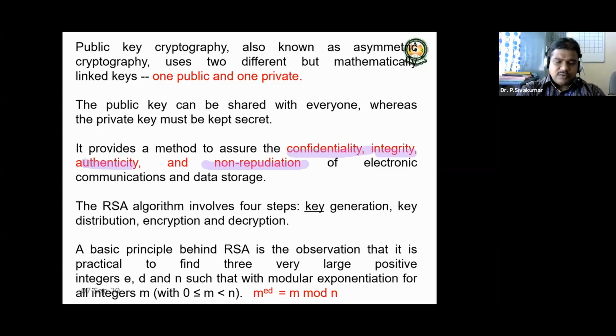So user A also generates a public key and private key. User B also generates a private key and public key. User A sends data to B, for example. Whose public key is used for encryption to provide your confidentiality?